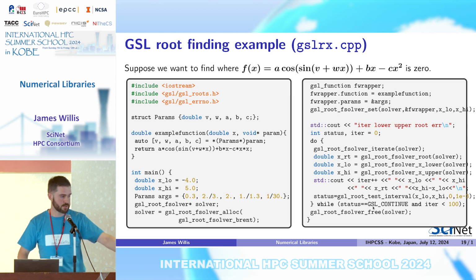So it'll either be continue, we haven't refined and iterated enough to get the solution, or we'll stop. And then also if we can't find the root in 100 iterations, we'll exit out as well, because it could go on forever. And then finally, we will free the memory we've allocated at the start of the function.